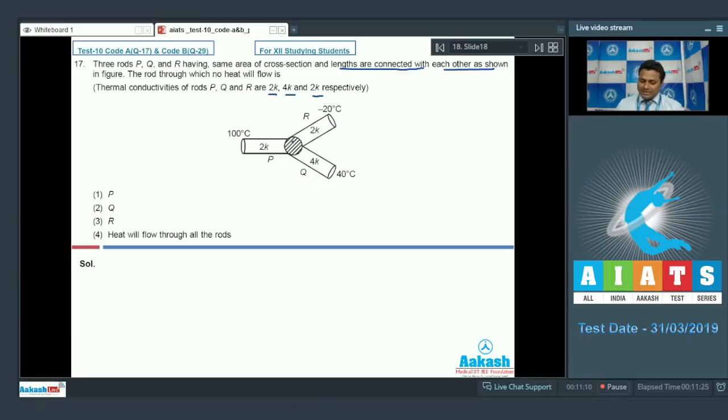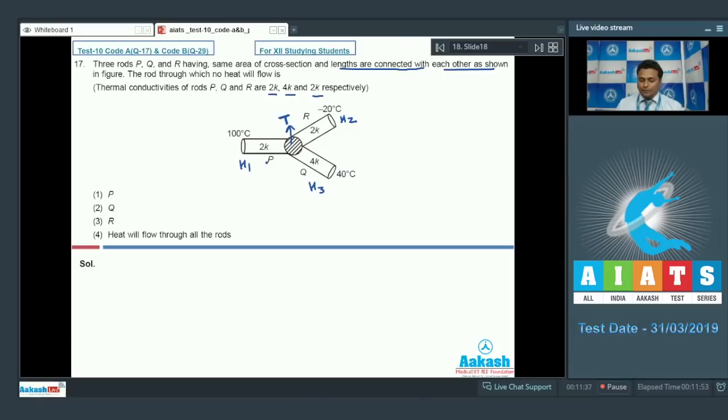Now suppose, let us consider the temperature of this junction is T. Now after calculating this temperature, we will be able to find out on which rod the heat will flow or not. Suppose the rate of flow of heat is H1 here. In second rod or rod R, the rate of flow of heat is H2. In third rod, that is rod Q, the rate of flow of heat is H3.